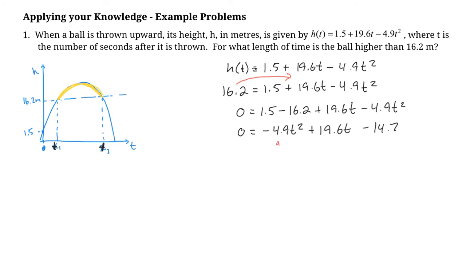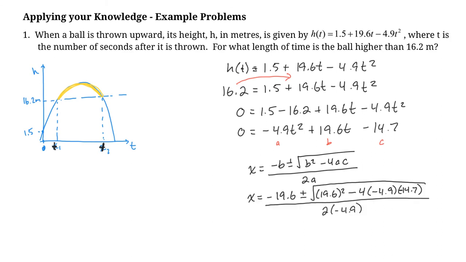A is just negative 4.9, B is 19.6, and C is negative 14.7. And our quadratic formula is x is equal to negative b plus or minus the square root of b squared minus 4ac, and that's all over 2a. And if we input our a, b, and c values into our quadratic formula, we're going to get this.